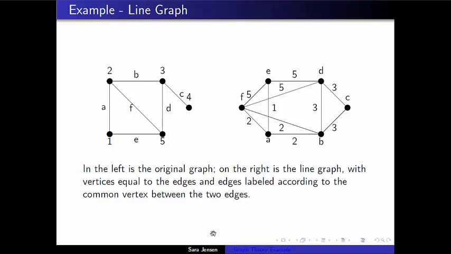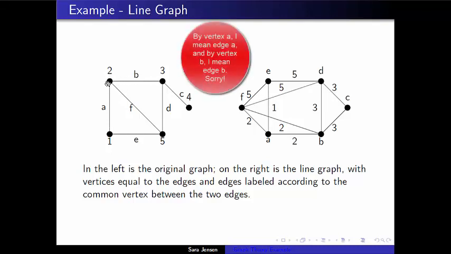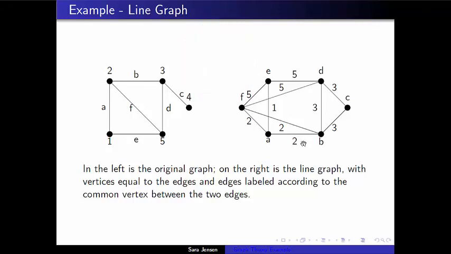So for example, over here, edge A and edge B meet at the vertex 2. So when I go find the vertices corresponding to A and B, I should have a line between them, and I've labeled it with a 2 to indicate that that's why they're connected, because of that shared vertex. However, edges F and C over here do not share any vertices.